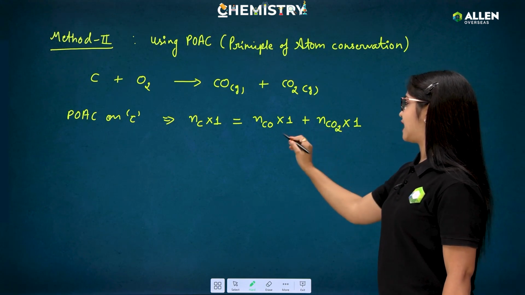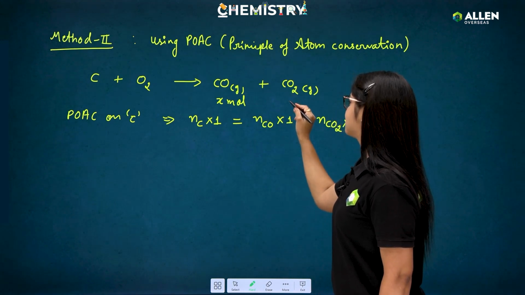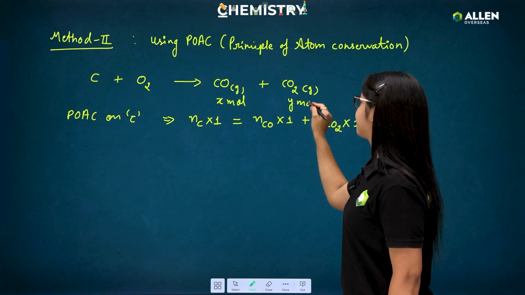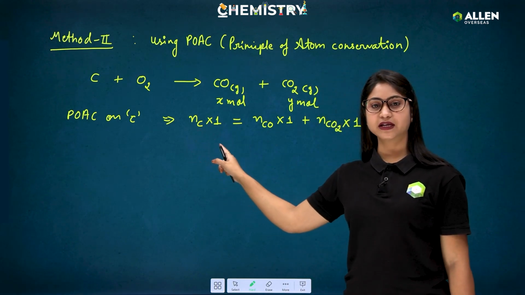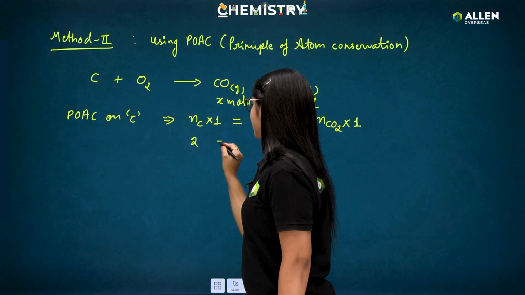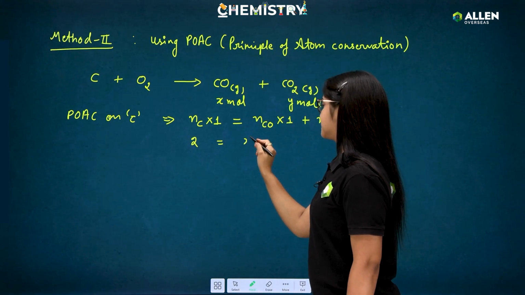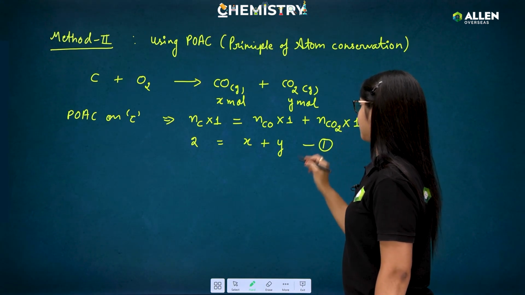Now we don't know these values, so we can consider the moles of CO as X mole and moles of CO2 as Y mole. Moles of carbon are given in the question, that is 2 moles of carbon. So 2 equals X plus Y. So X plus Y equals 2. This is equation 1.